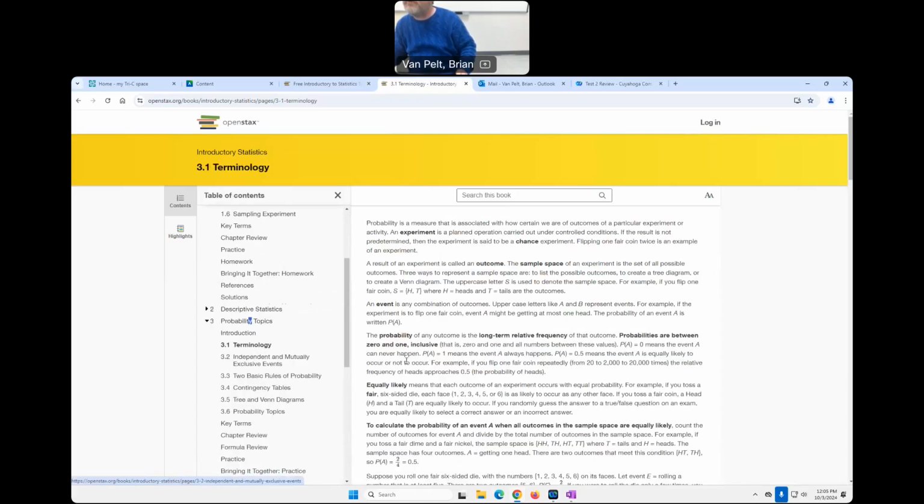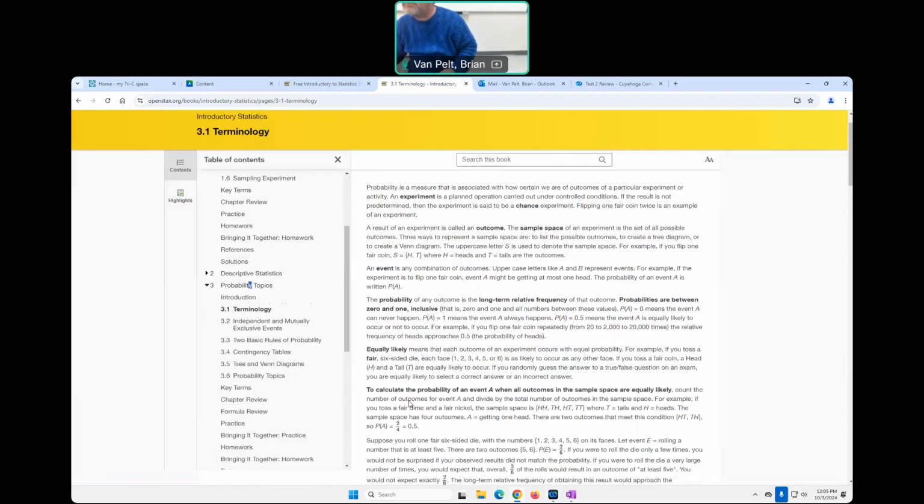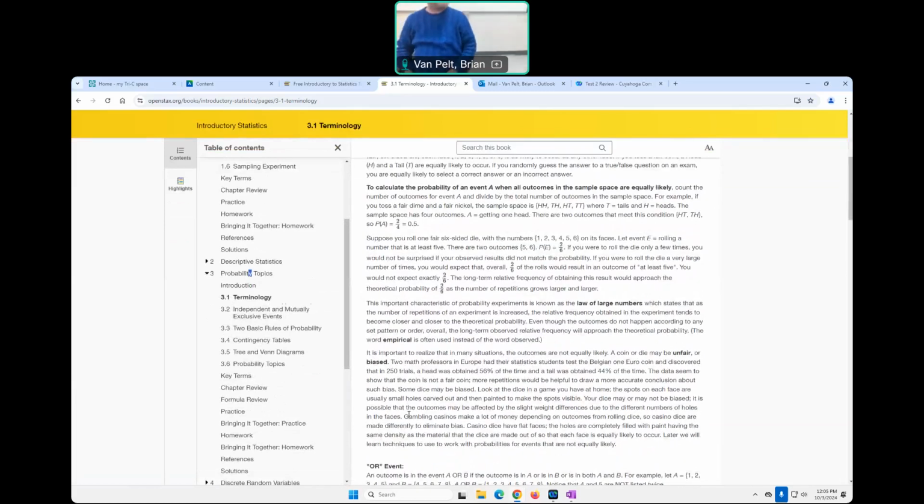All right, there was a lot of terminology. I'm not so much interested in the terminology as your ability to work with things. So first of all, let's take a look at, can you tell me what a sample space is?